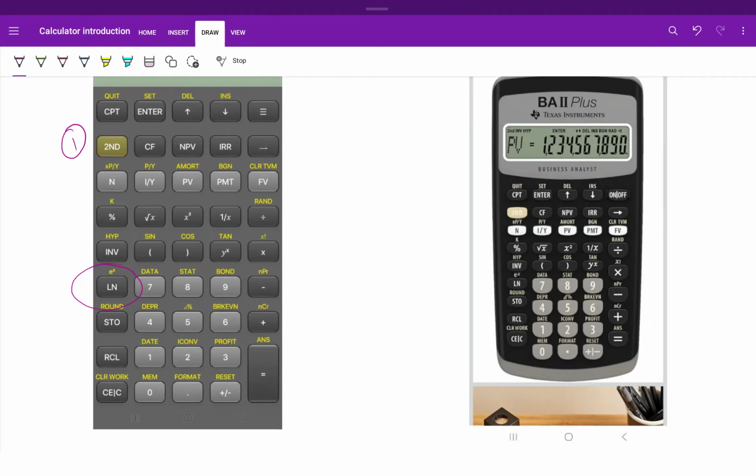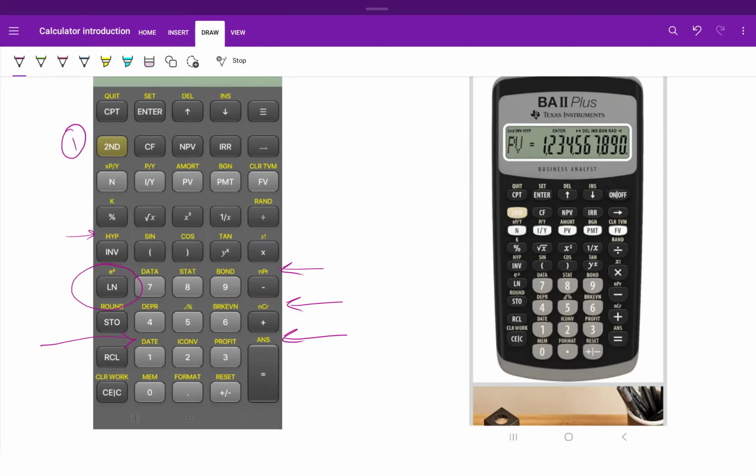All these functions above your keys are in yellow color, and to access them you have to click on second. If you want to use the normal functions, you click on the numbers.